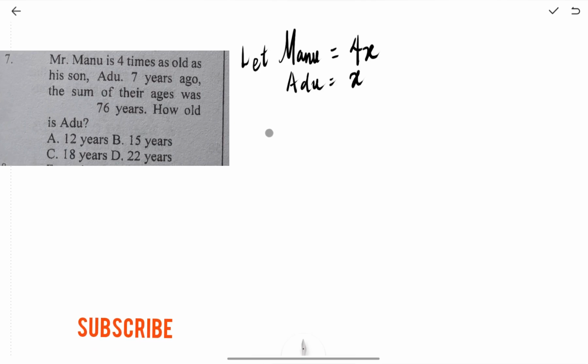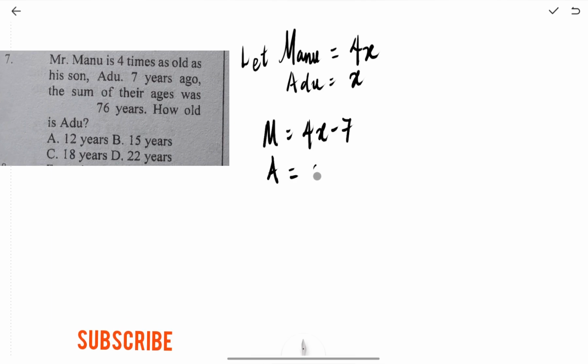Now it went further to say 7 years ago, the sum of their ages was 76. And 7 years ago, Manu, let me write M to represent Manu, will be 4x minus 7 by that time, because we are taking 7 years away from his age. And Adu, at that time, will be x minus 7 as well. When you add their ages together, it is going to be 76.